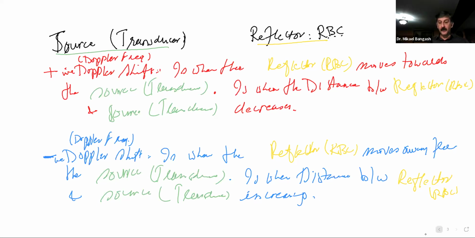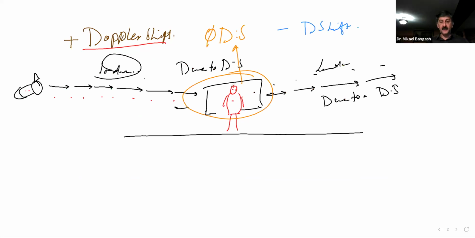So if we look here, you're still standing on the platform, and now the train just goes. As it moves away from you, what is going to happen? The distance between you standing there and the train is increasing. Why?